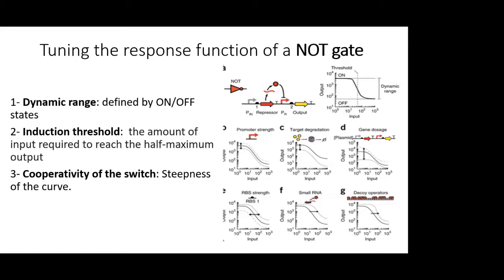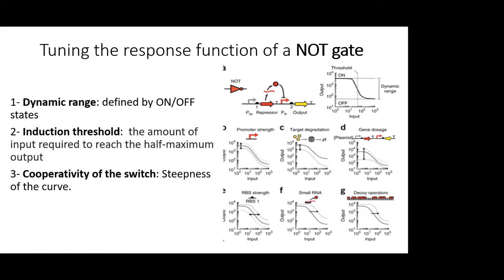This is defined by the on and off states. For example, if you lower the off state, you could have a larger dynamic range. If you increase the on state, you can just tune this based on your different expression tuning knobs.